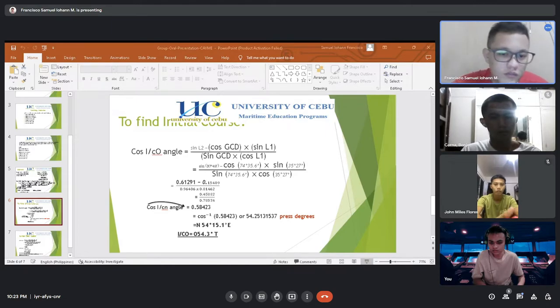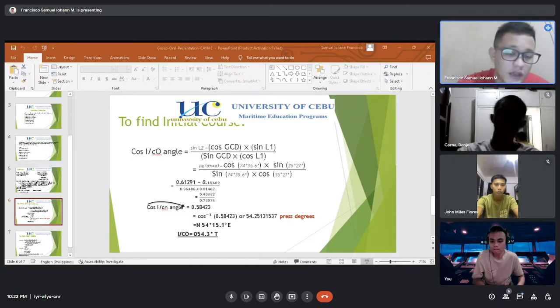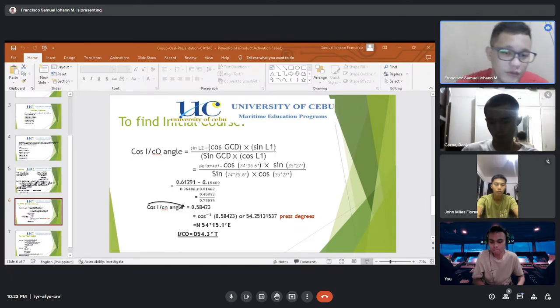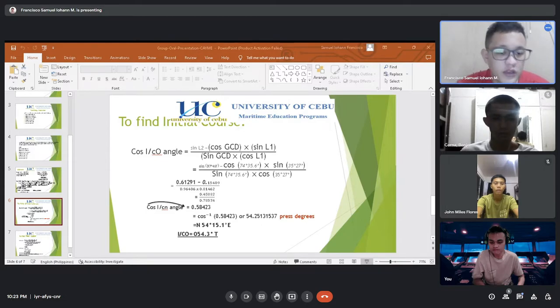Then we multiply and subtract both of them. So we have 0.45882 and 0.78534. So we divide it, and we have an answer of 0.58423. And because cosine is still present, we have to shift cosine.